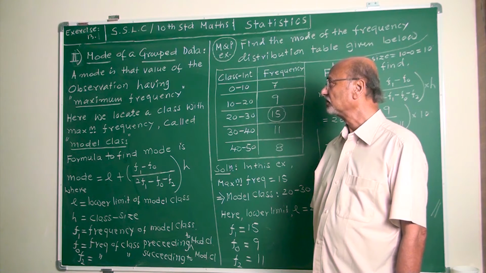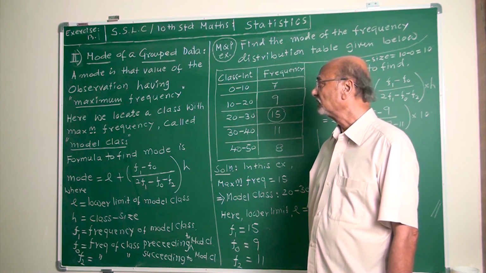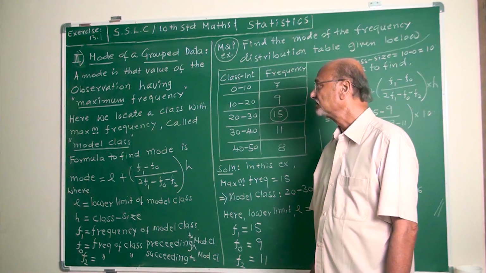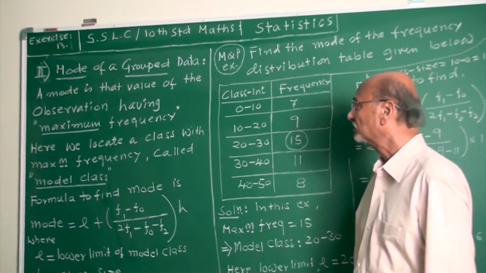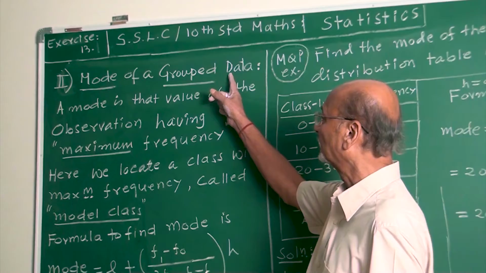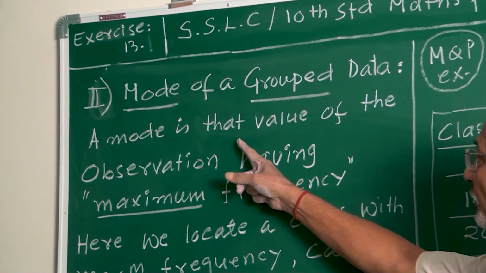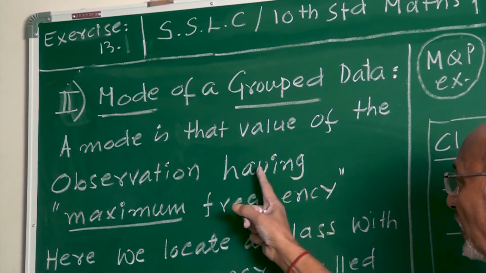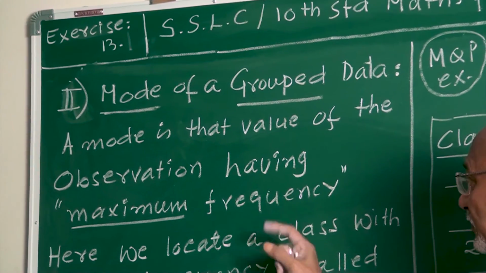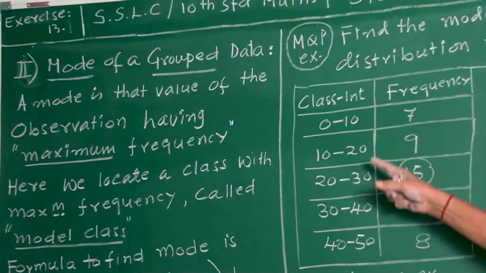After completion of the mean of the given grouped data by 3 methods, we have done everything in detail. Next is mode of the grouped data. What do you mean by this? A mode is the value of the observation having maximum frequency. See here, one example is there. This is the class interval.